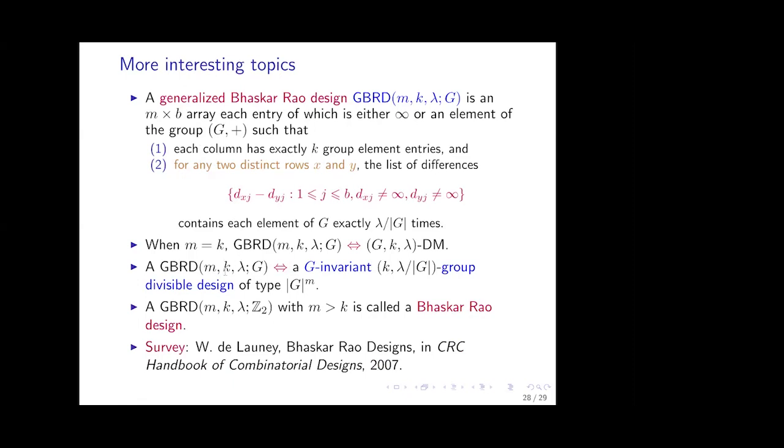If you want to learn more on this topic, you can find the Handbook of Combinatorial Design Theory. But the book was written in 2007, and after that there are many other results in the literature.